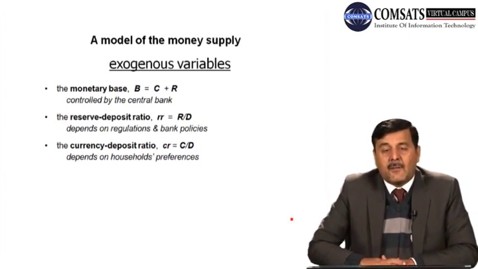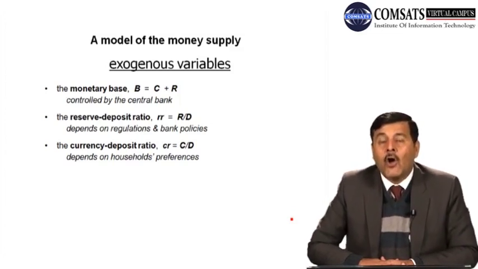The third variable जिसकी हम बात करेंगे, it is currency demand ratio, CR. Currency demand ratio, CR is equal to currency over demand deposits. It depends on household preferences, right? How?